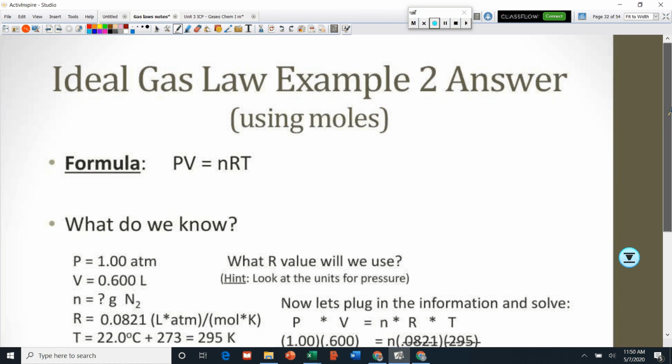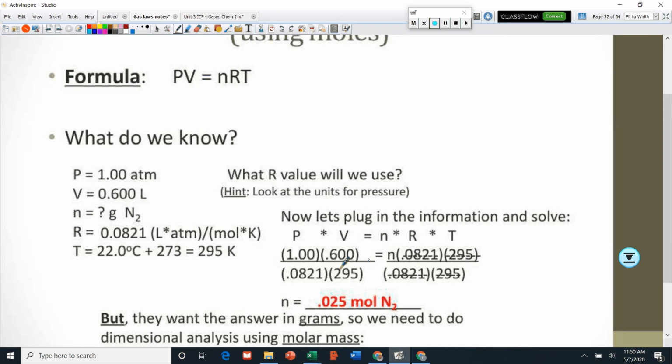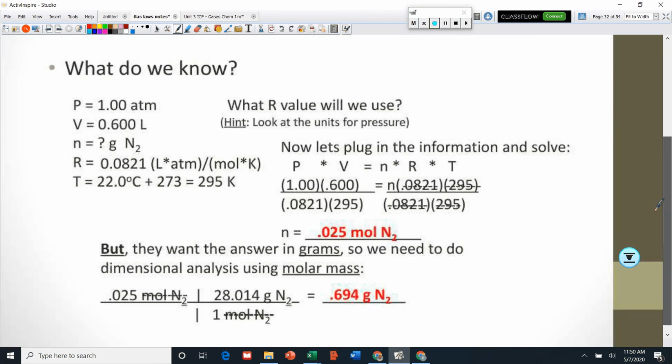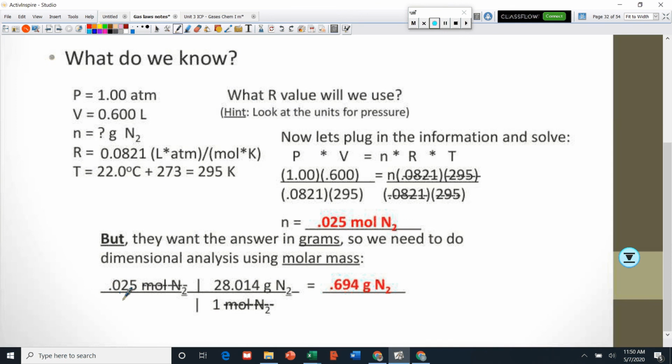So we use PV equals nRT to solve for moles, and we find out that we have 0.025 moles of N2. And then from there, we can use dimensional analysis: 0.025 moles times 28 grams per mole gives us that we had 0.694 grams of N2. All right.